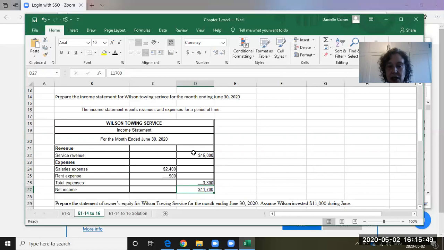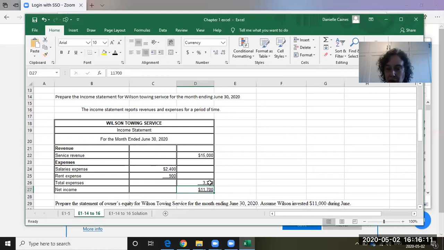You'll notice that there's a dollar sign at the beginning on the top and a dollar sign at the beginning of a column, also a dollar sign at the end. It's kind of hard to see here, but there's a double underline under net income. That means this is the final number for this statement. 11,700 is the final, and we double underline it.